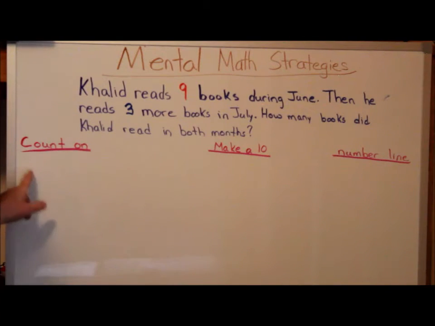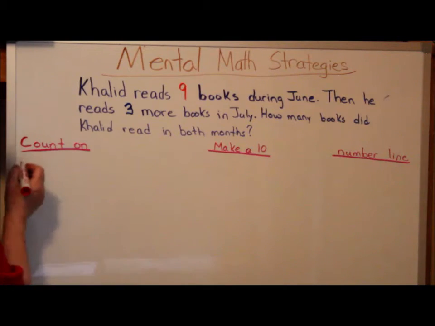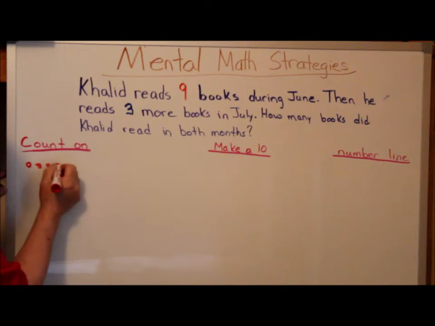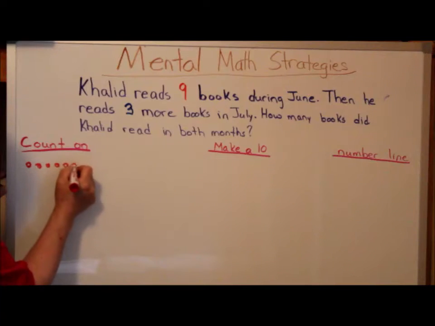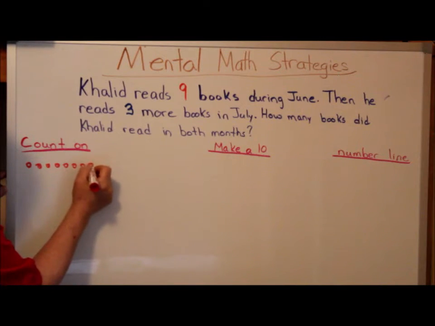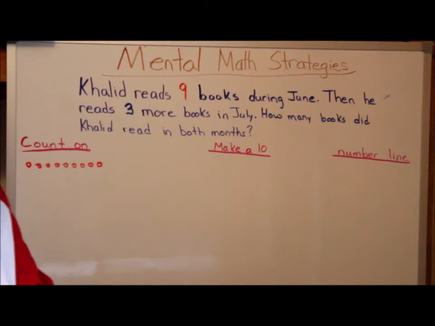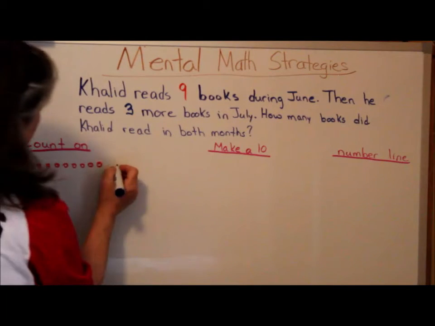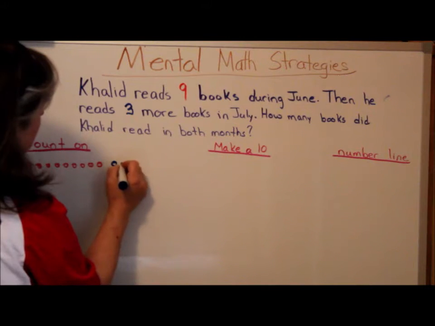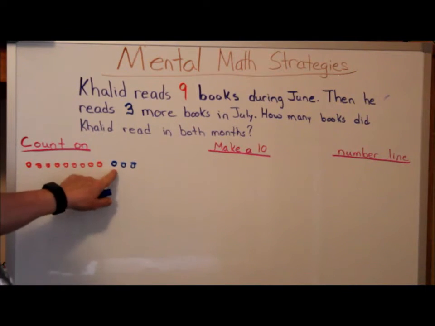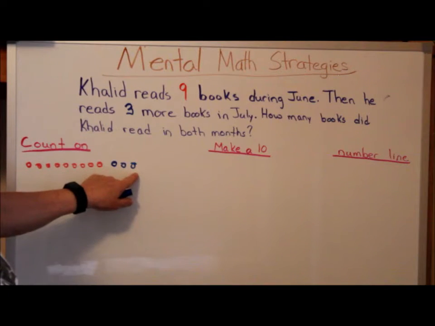So one way is to count on. So I'm going to do 9 here. 1, 2, 3, 4, 5, 6, 7, 8, 9. And then we're going to count on and add the 3 more. 1, 2, 3. So I have 9, 10, 11, 12.